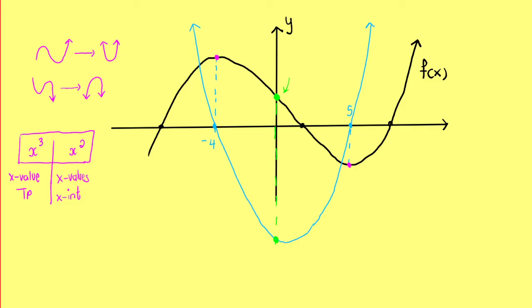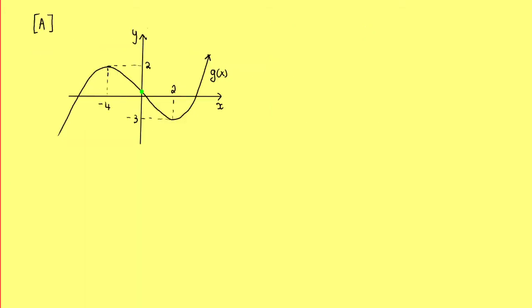Let's look at another question. We are given a cubic. Now we need to remember that if you have an increasing cubic, the derivative of the cubic will be a smiley face.